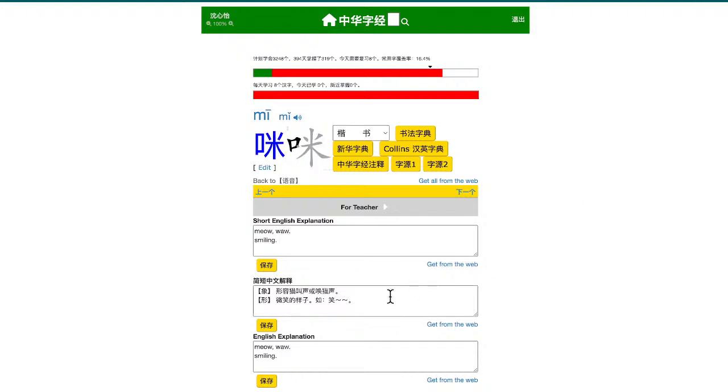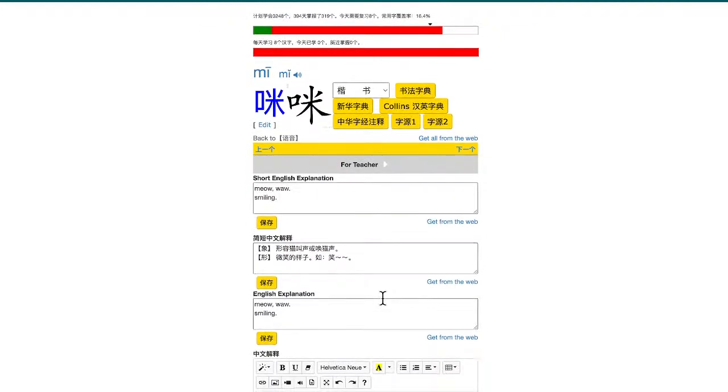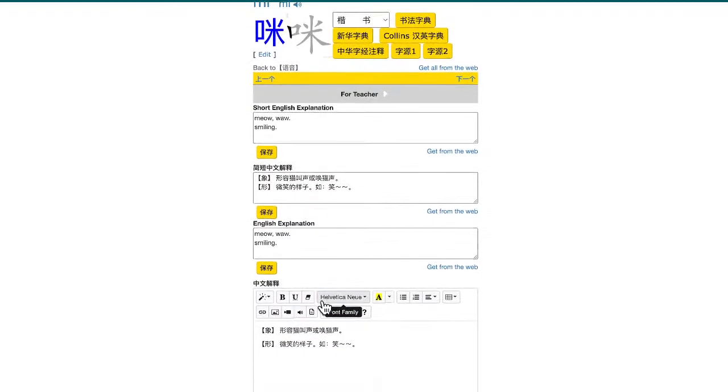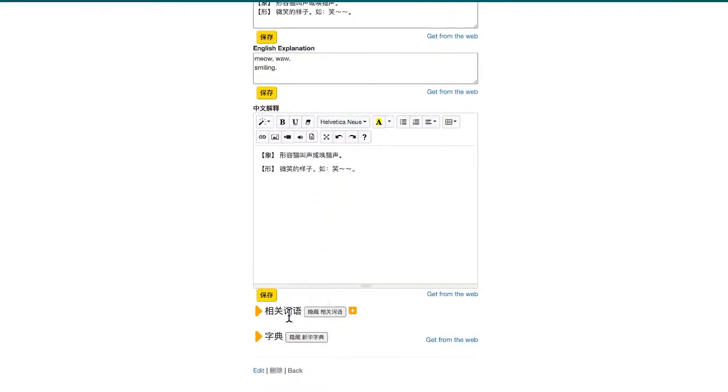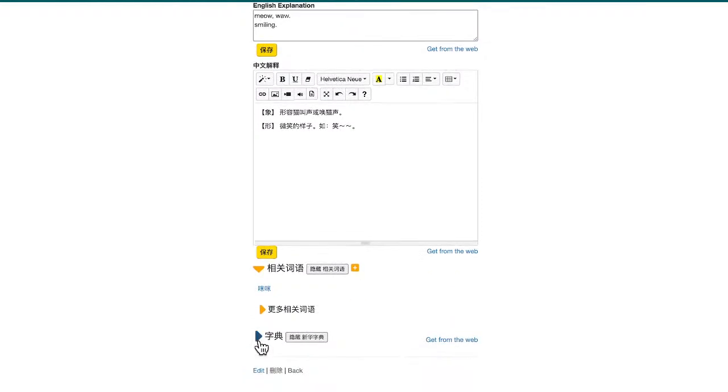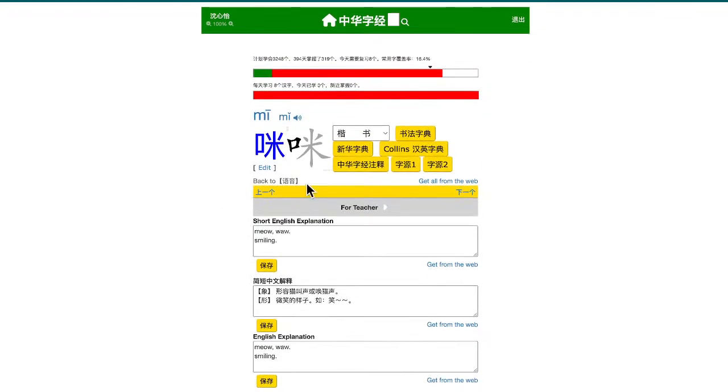Another usage is 笑眯眯, which tries to describe a smiling face, a prolonged smile, where people hold up that prolonged smiling face. It's called 笑眯眯, okay. So this is mī.